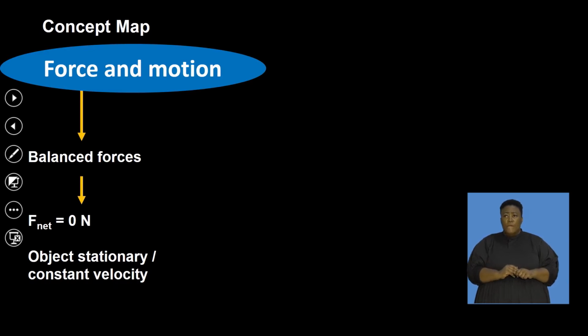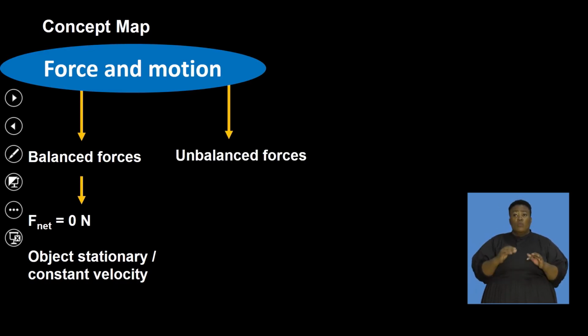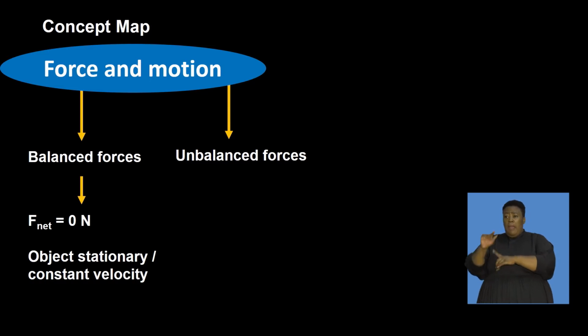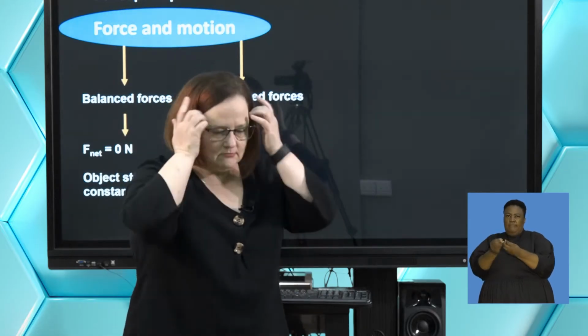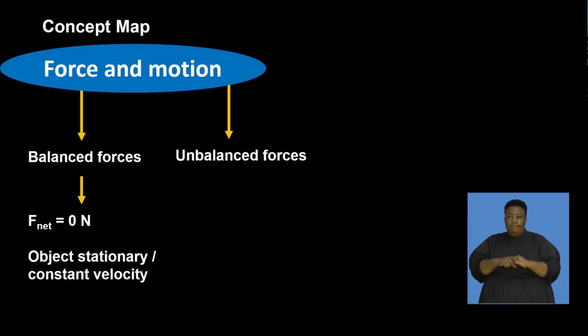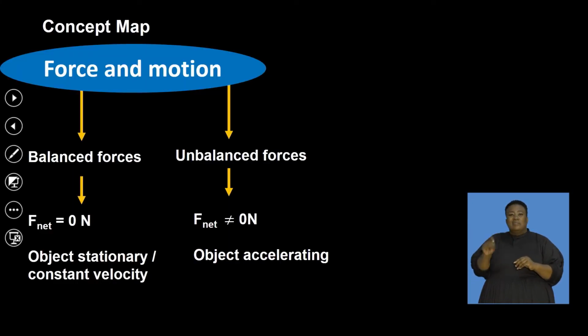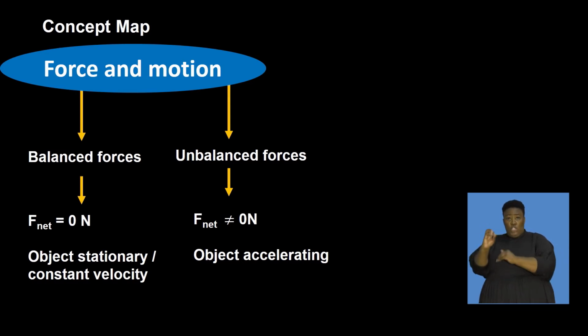So we also get unbalanced forces. Now, we don't use unbalanced forces when we describe things. I'm using this just to get us to a point. Okay, so just hang with me, okay? What that means for us here is that the net force is not equal to zero.